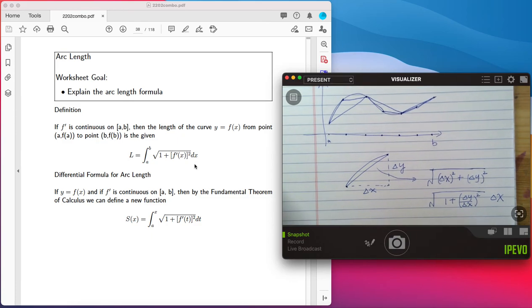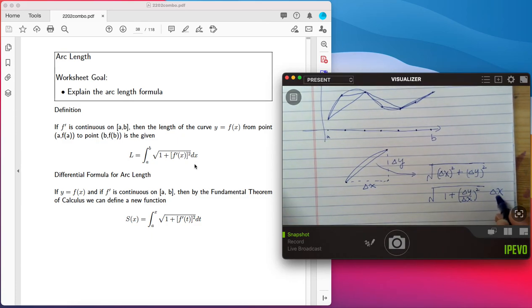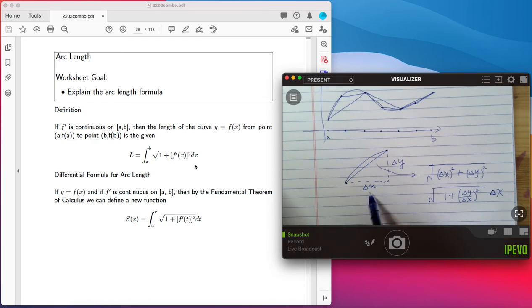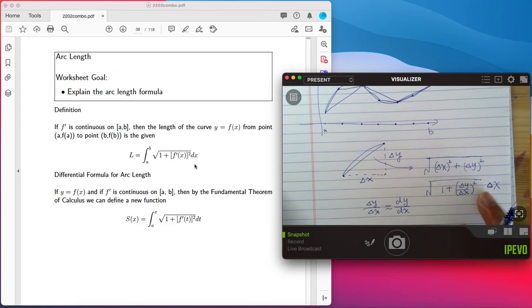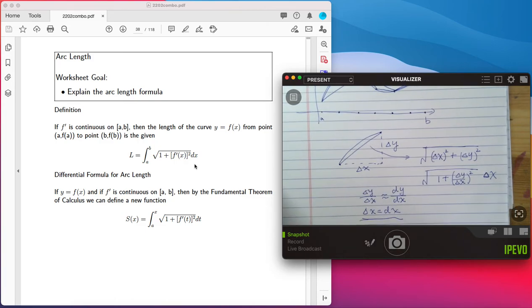Keep in mind that as delta x becomes smaller, delta y over delta x will be a good approximation of dy/dx, and delta x also equals dx when we're talking about the differential.